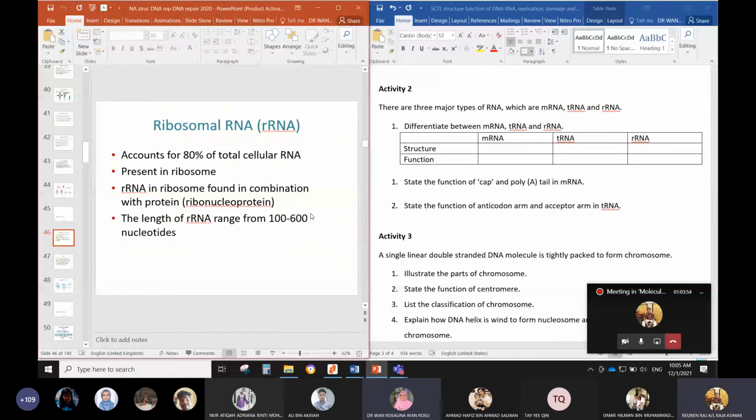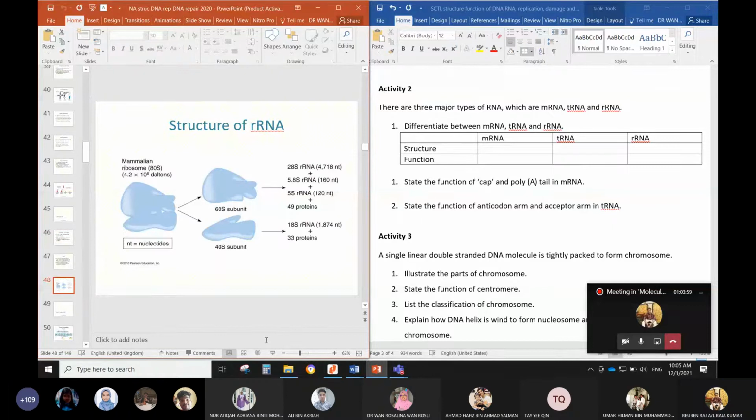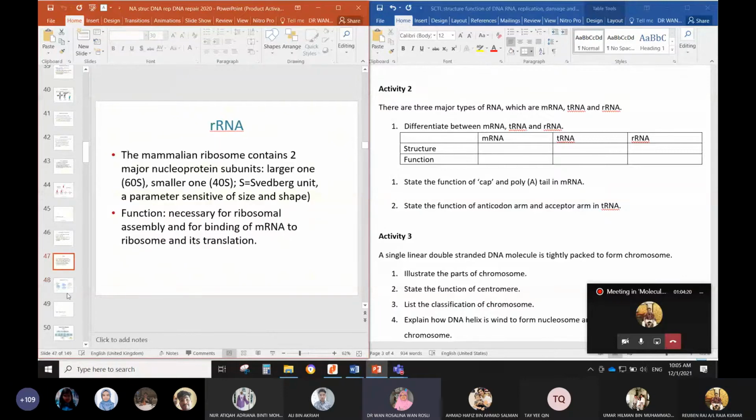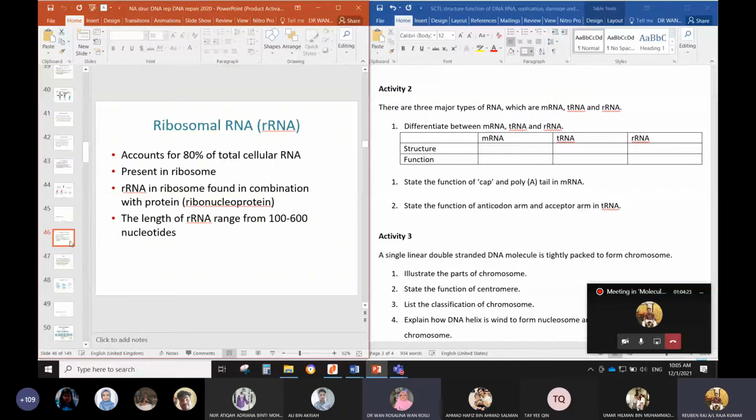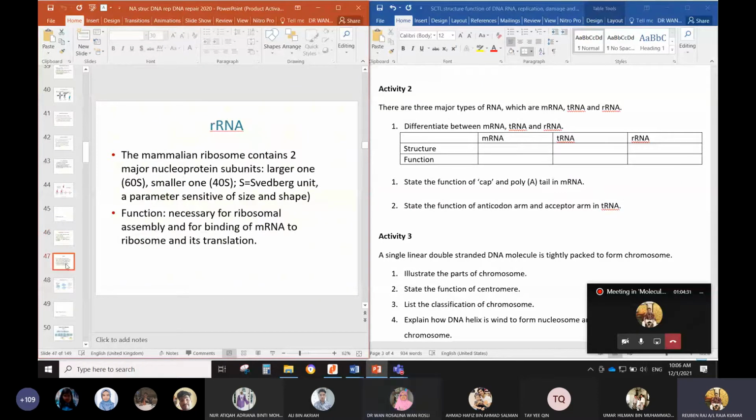So the function of rRNA is that it makes up the ribosome along with proteins.